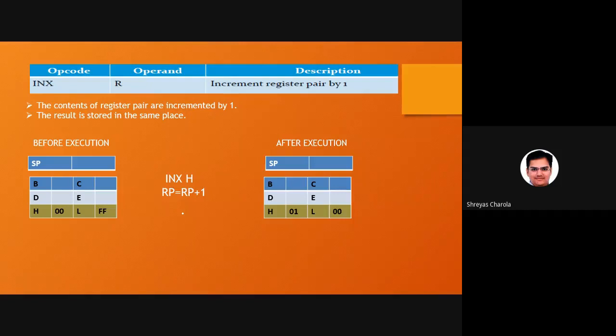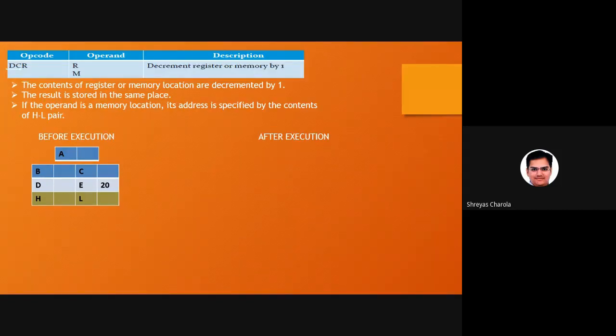Same way, we have DCR, decrementing the value of a register. Same as the increment, this is a decrement. I'm not explaining, you just need to answer. Let's suppose you write DCR E, what should be the content in E after this instruction? 19.